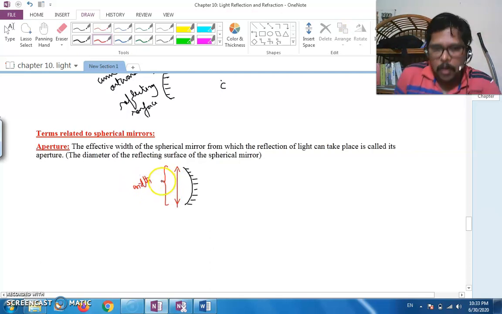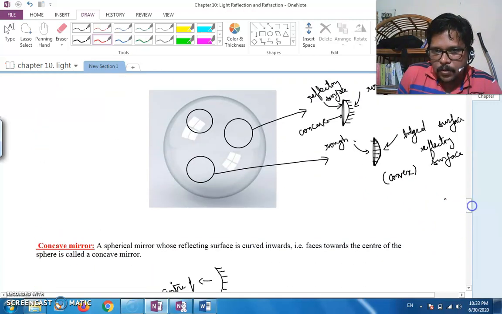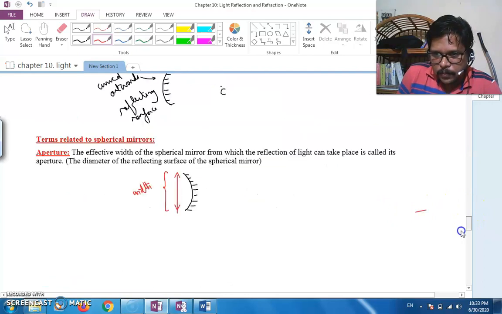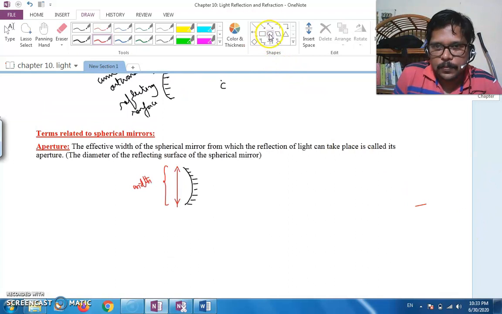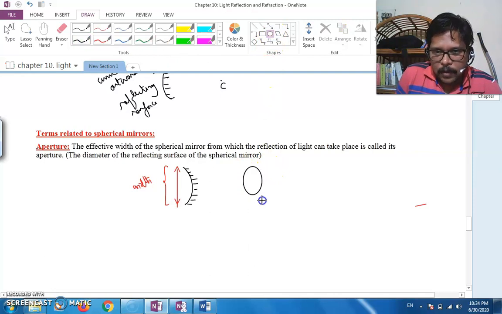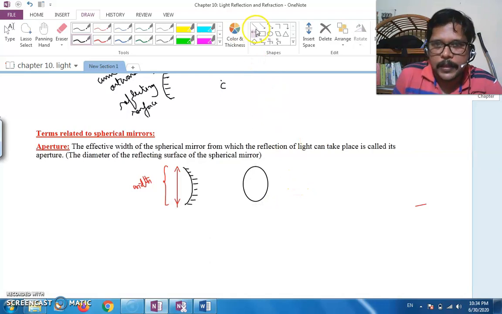is called the aperture. In order to have a clear understanding of what exactly this is, I will copy it from the above one, and I'll place it in front of you so that you can understand it more clearly. So that's our small spherical mirror. Spherical mirrors generally are circular in shape.